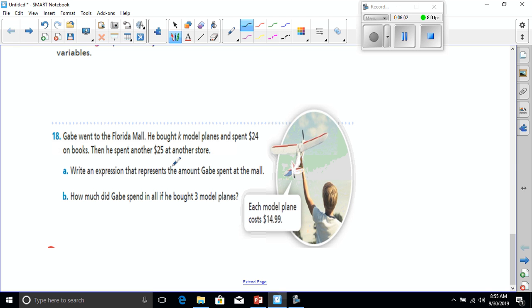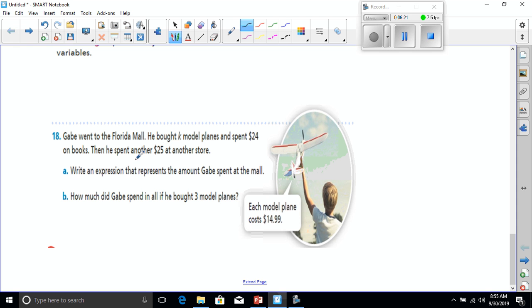Write an expression that represents the amount Gabe spent at the mall. He bought K model planes and spent $24 on books. I'm sorry, I thought I misread that one. Then he spent another $25 at another store.